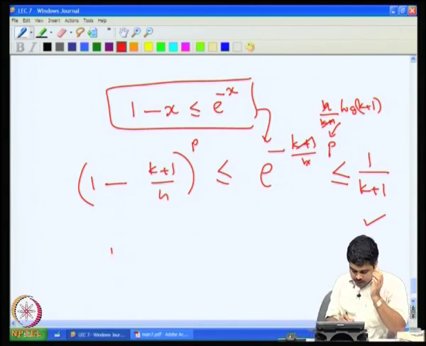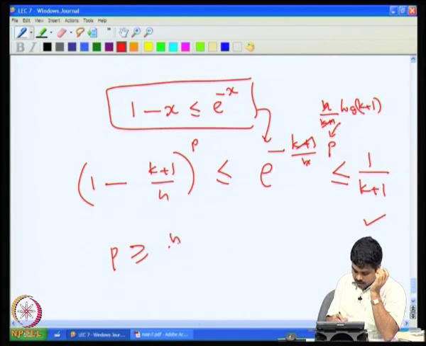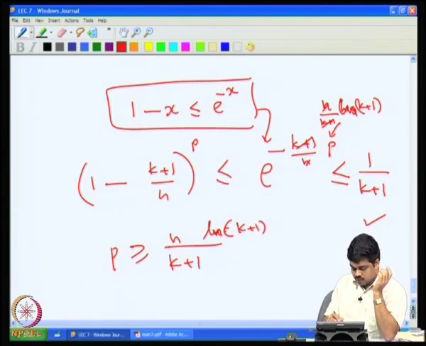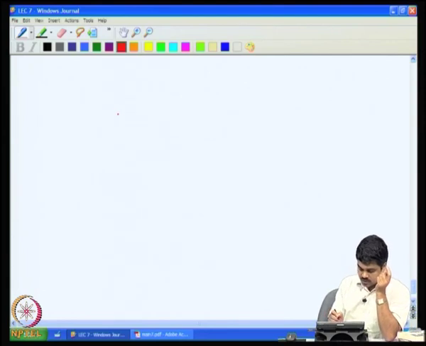So if you take p to be greater than or equal to n by (k plus 1) into log (k plus 1), where this log is with respect to the natural logarithm, then we see that this will become less than n by (k plus 1). Now along with these p vertices, we also have to add the remaining n by (k plus 1) vertices.